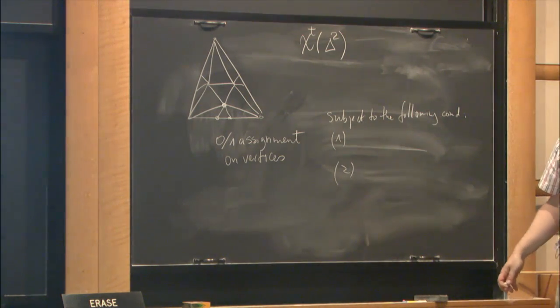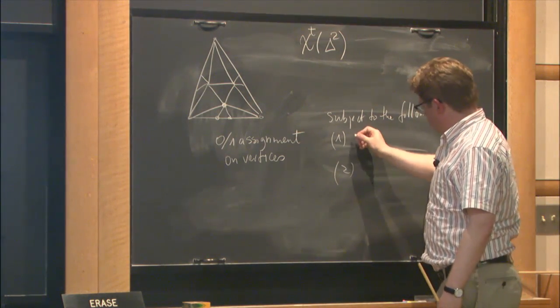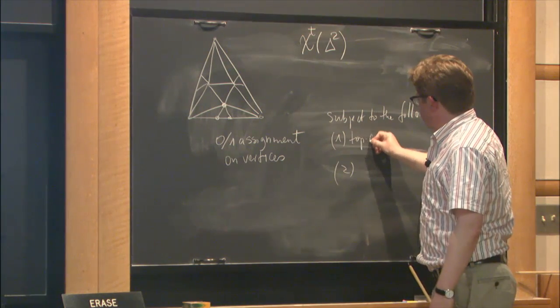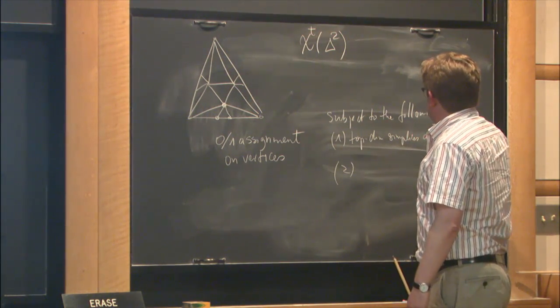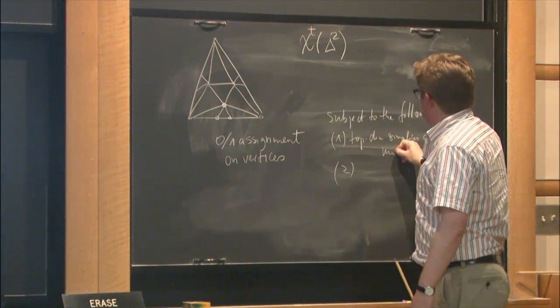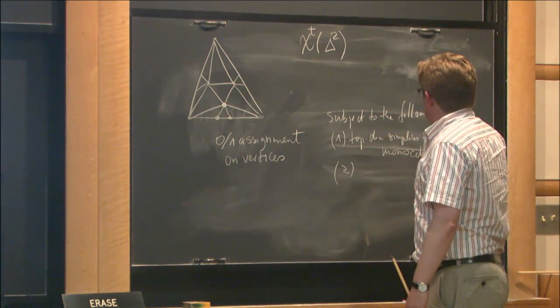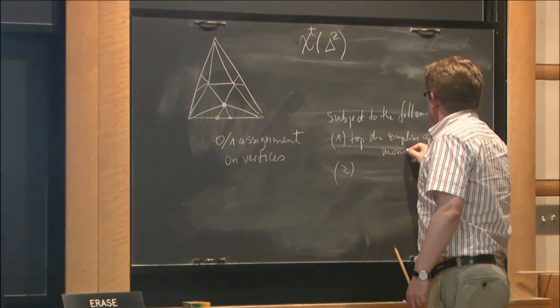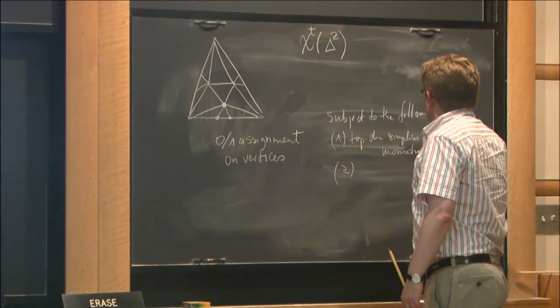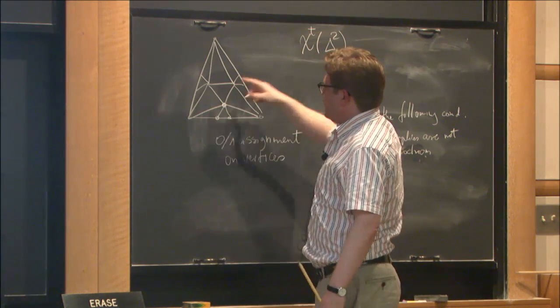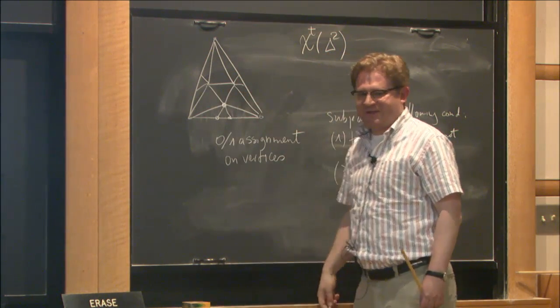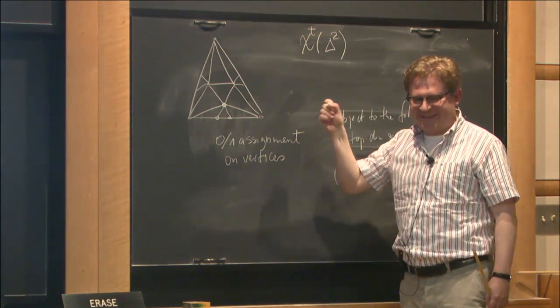The first condition is that the top dimensional simplices are not monochromatic, which means, in this particular case, if I pick any triangle, well, actually, I would much prefer to take the second one, but it would be too cluttered if I iterate it here.